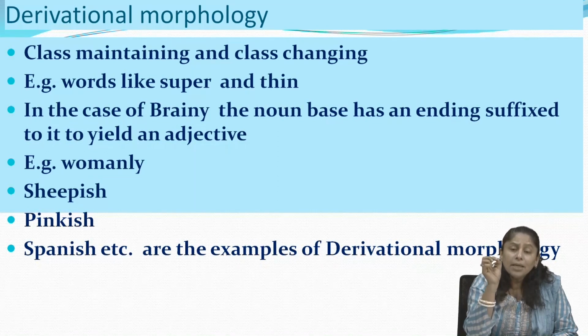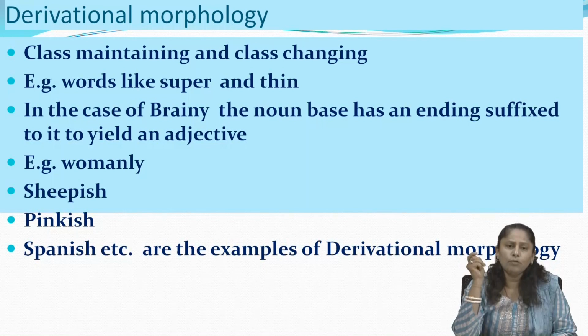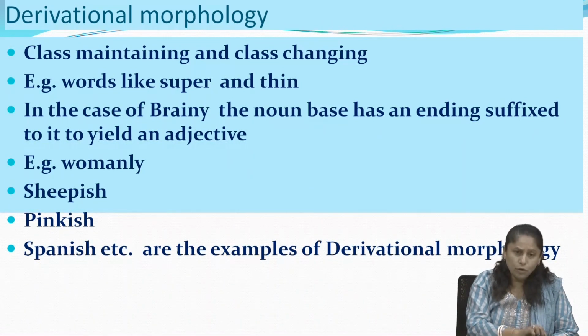So merely the word which is the creation of two words together is also part of derivational morphology. Spanish is also an example of derivational morphology. Japanese is also an example of derivational morphology. Indian English is also an example of derivational morphology.